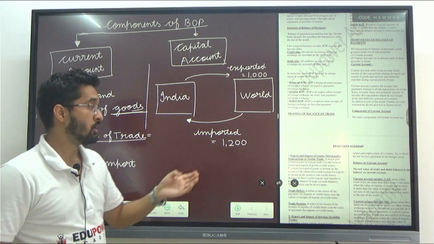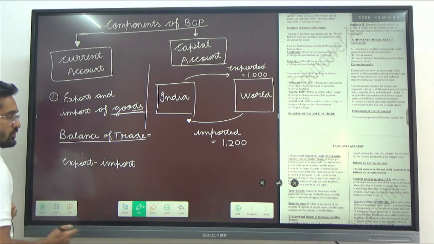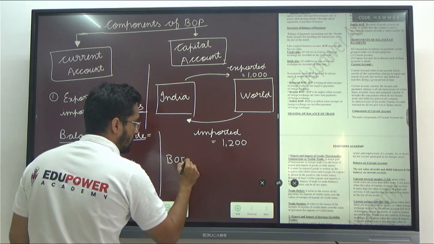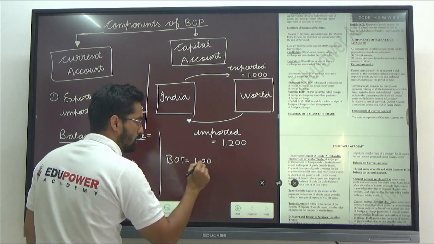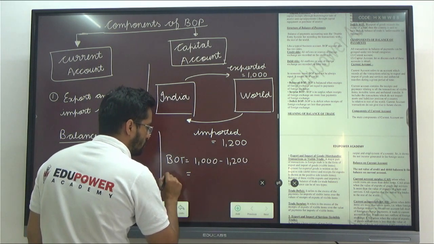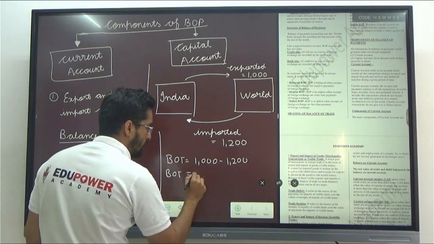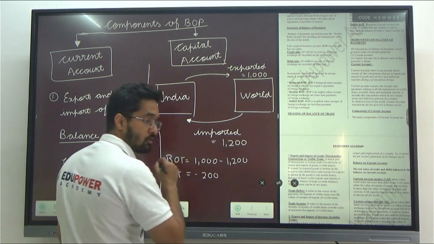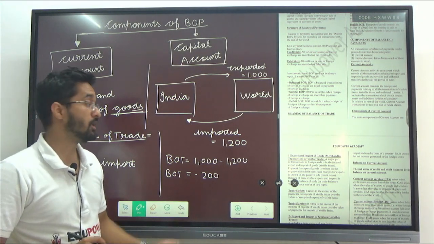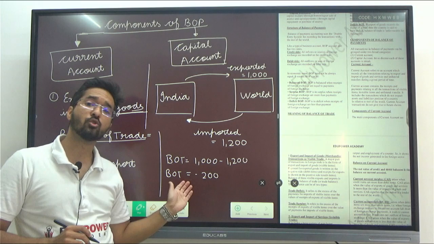So, BOT will be nothing but minus 200. Basically, India has lost money to the world.